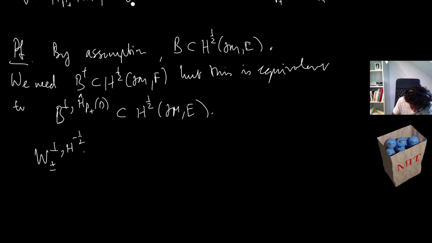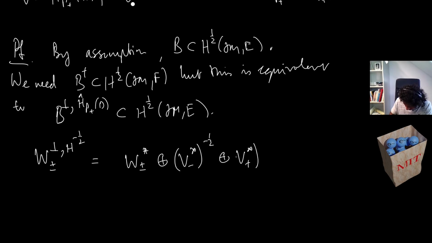So I annihilate in H minus a half, and this is going to be W plus minus star plus V minus star negative a half plus V plus star negative a half. Okay, so of course we can write here W plus minus of the projector acting at the level of H minus a half. But remember, the W plus minuses are a finite dimensional space. So taking a closure with respect to the H minus a half norm is not going to alter anything, right? The H half spaces remain fixed.